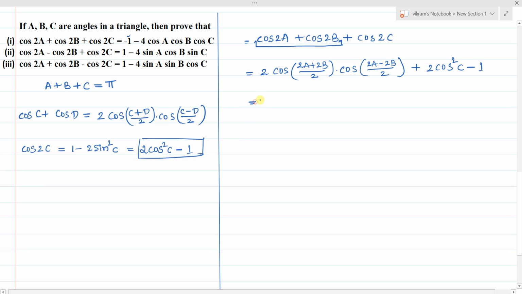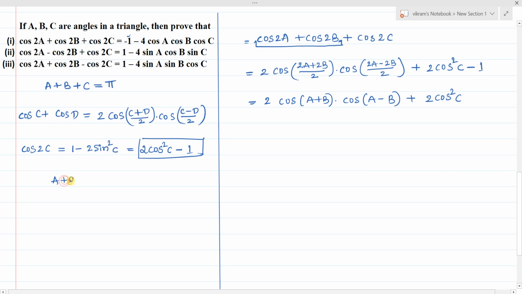So now we can write this as 2 cos of (A plus B) into cos of (A minus B) plus 2 cos square C minus 1. And we know that A plus B plus C is equal to 180.